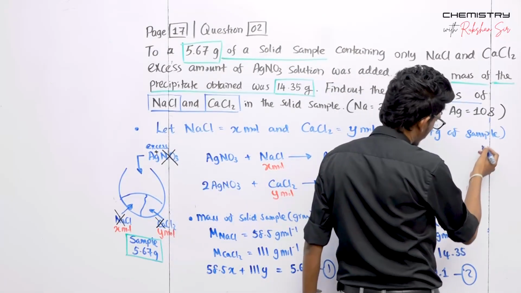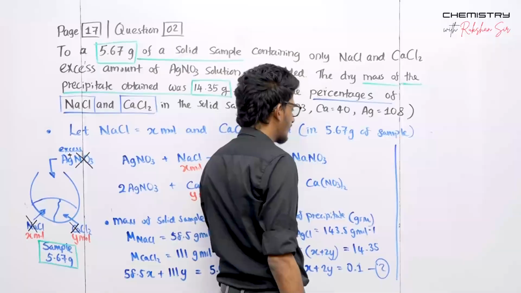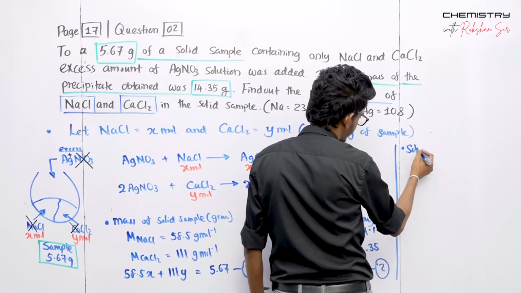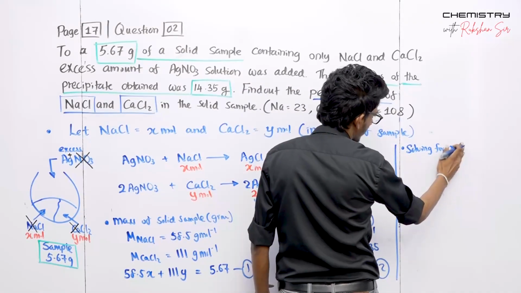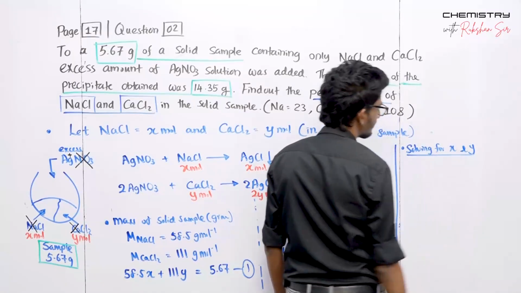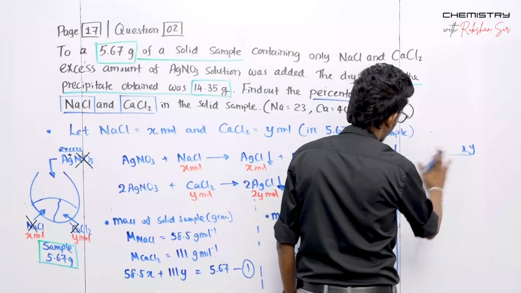Okay, let's do the stuff from here, right? Solving for two unknowns, X and Y. Solving for X and Y. So I'll solve from here now.